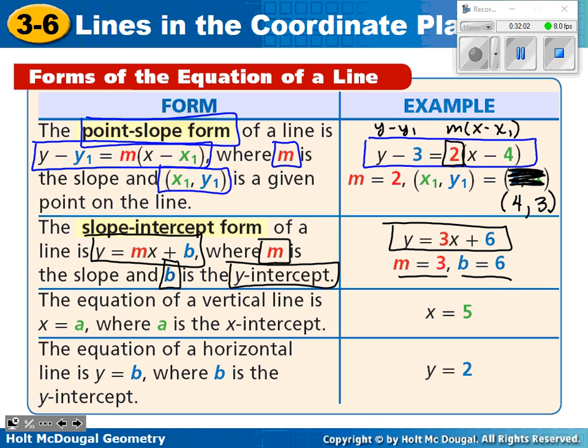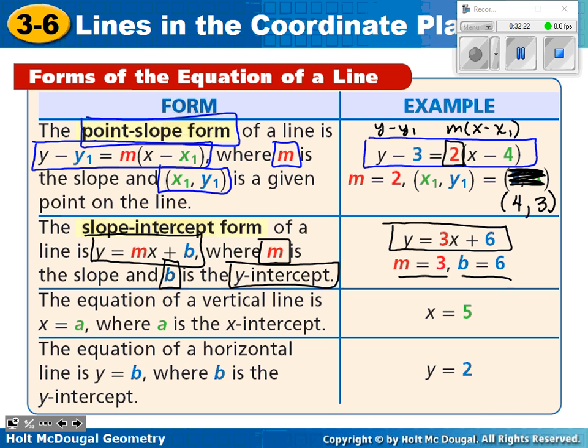The next two parts are the parts I often see students struggle with. Just like we talked about slope, if it's horizontal, the slope is 0. If it's vertical, the slope is undefined. Those two lines have special circumstances, so they do not fit the mold for point-slope or slope-intercept.